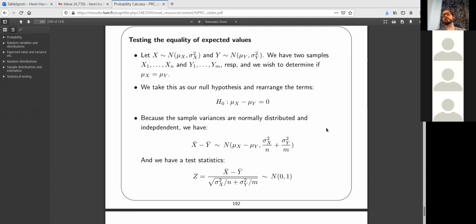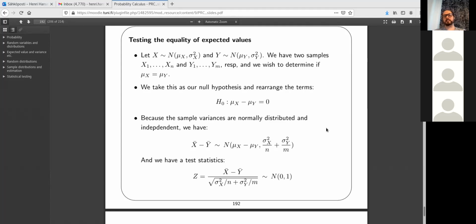This hinges on the assumption that these two variables are, of course, independent, and this is often a reasonable assumption if we are talking about different individuals and so forth.